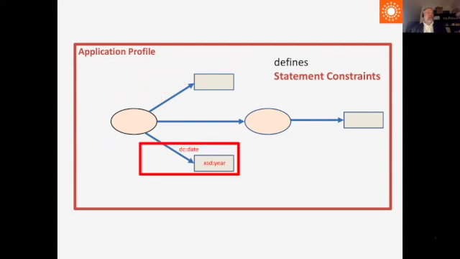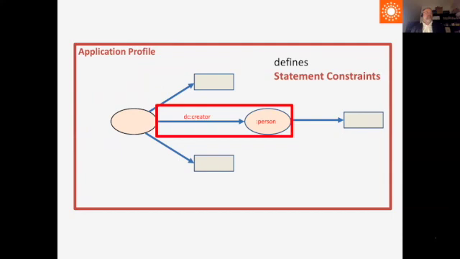This says that the date must conform to the XML schema notion of a year. This says that the creator is something that is described by a person shape.